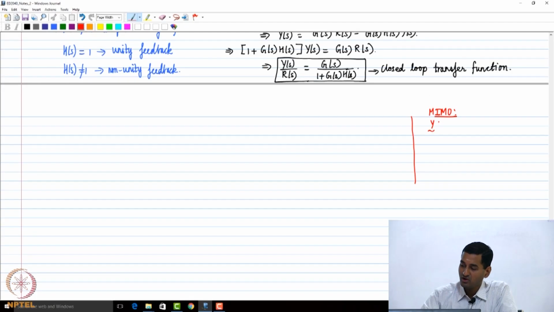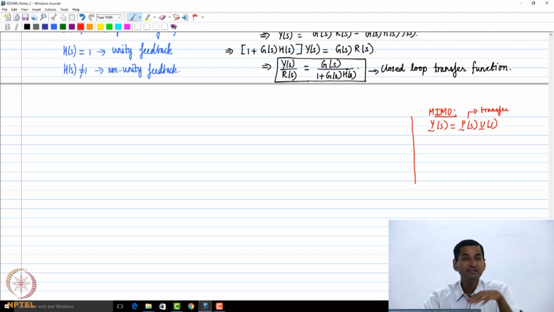What will happen is that all these elements will become vectors and matrices. I'm using a tilde to represent a vector and a matrix. Suppose y is a vector, y of s will be a vector. And let's say u is also a vector, u of s will be a vector once again. Then you will have a transfer function matrix.